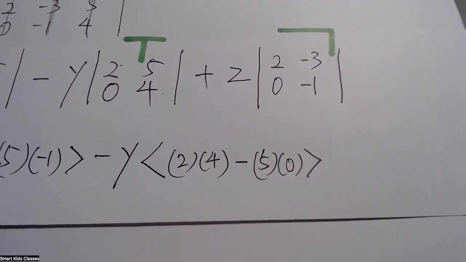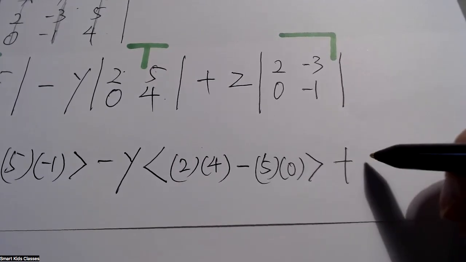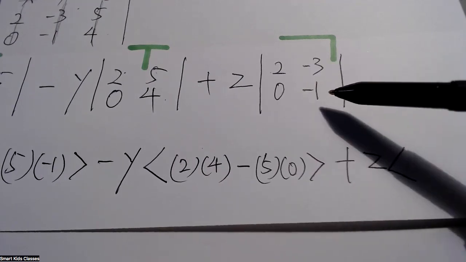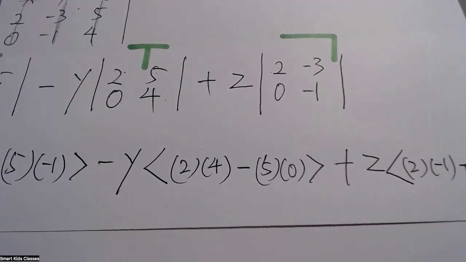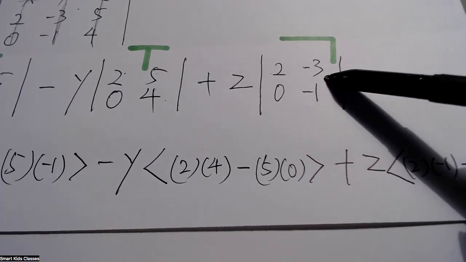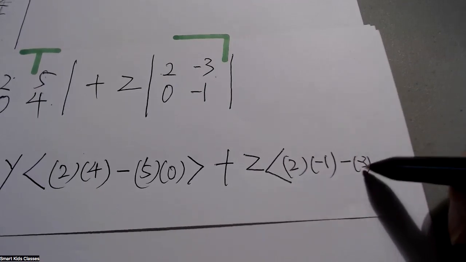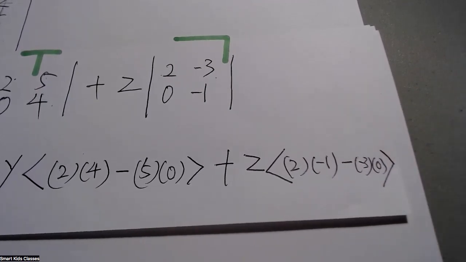The last one is the Z axis: 2 times -1, minus -3 times 0.